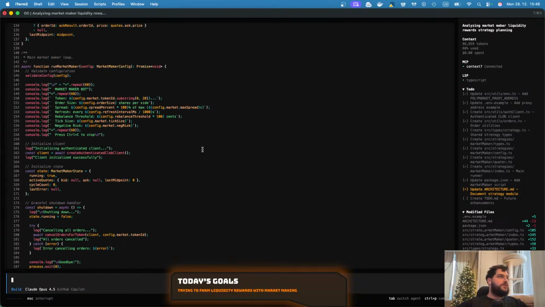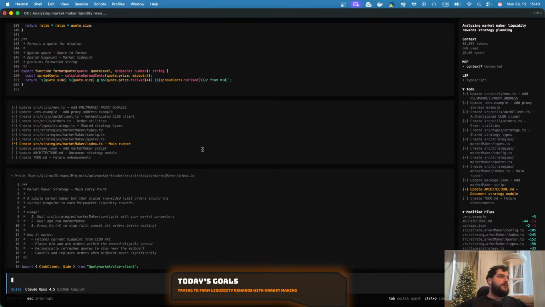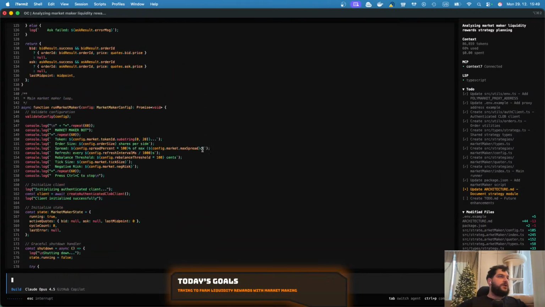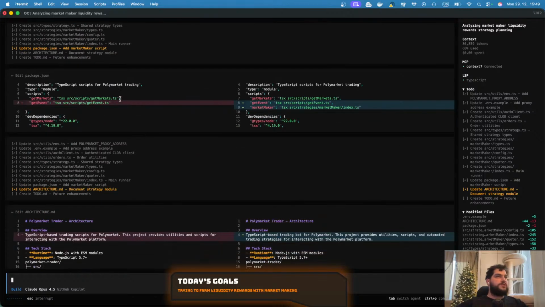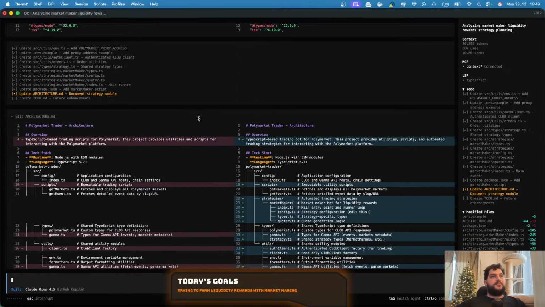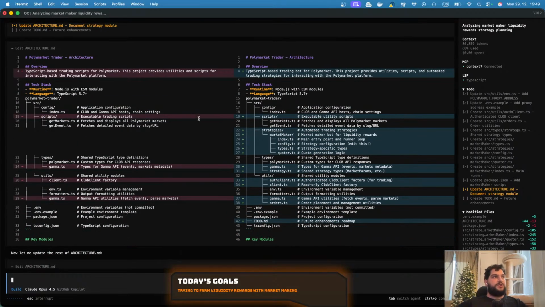Okay, so let's see what we have here. It prepared the index for us. Also updated the packages, so we have the market maker command here. Updated the architecture, which is cool.